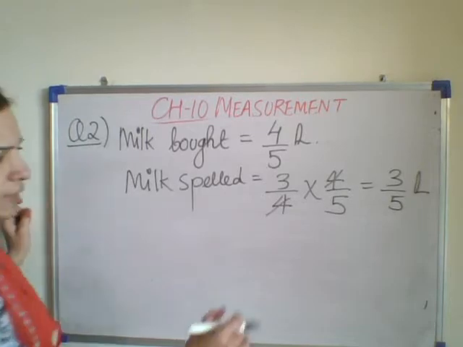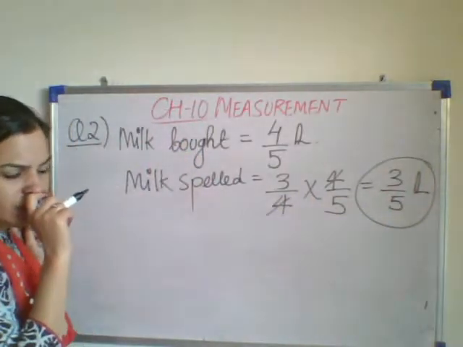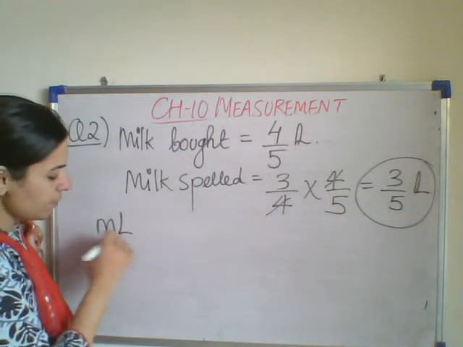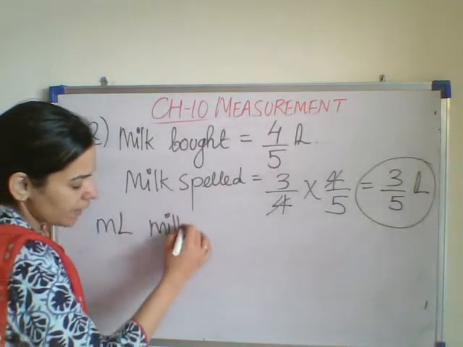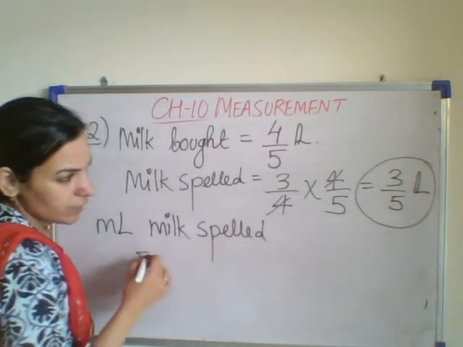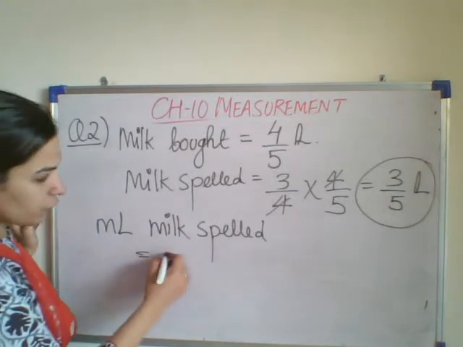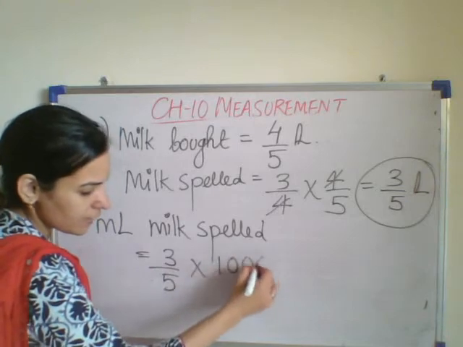So in liters we know this much milk was spilled, that is 3/5 liter, but we have to find in milliliters. So how many milliliters of milk were spilled? We will be converting 3/5 liter into milliliter. So it would be 3/5 multiplied by 1000.